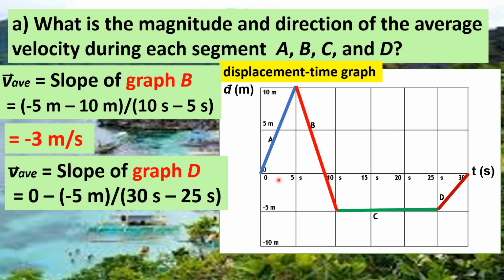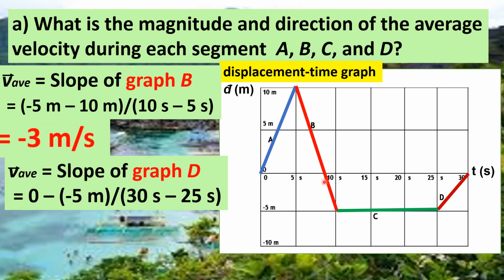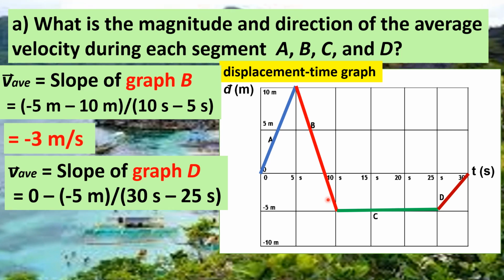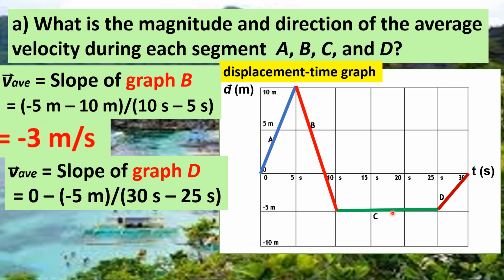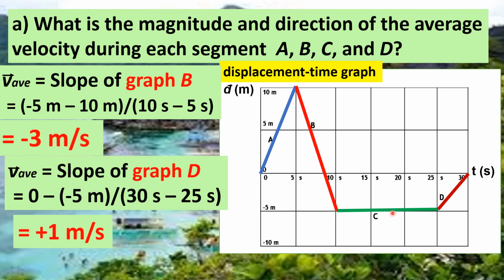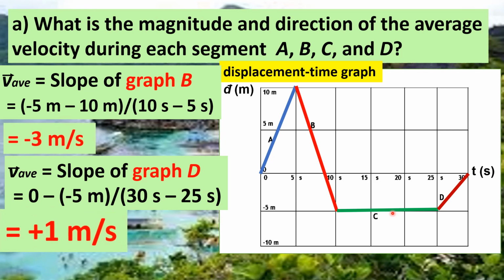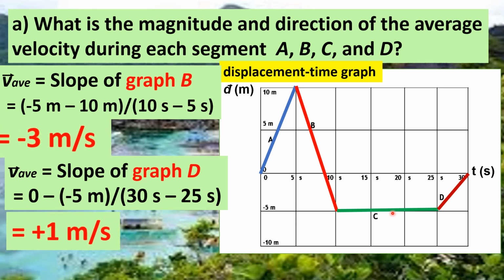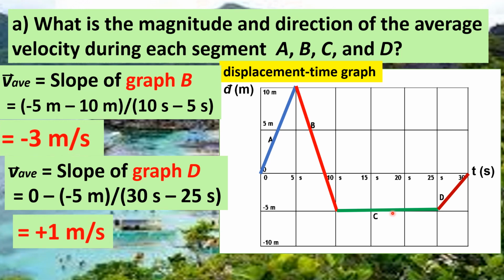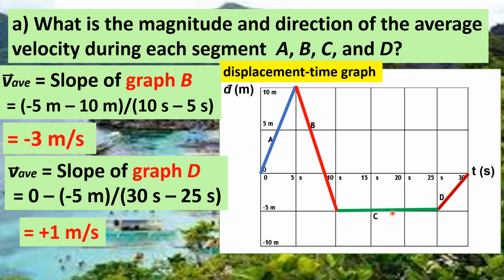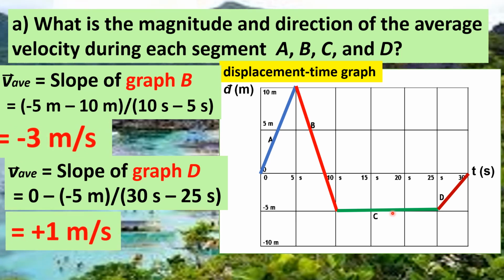That will be divided by the time interval, 30 seconds minus 25 seconds, or 5 seconds. So we will get as the average velocity during that time interval, represented by graph segment D, just equal to positive 1 meter per second.